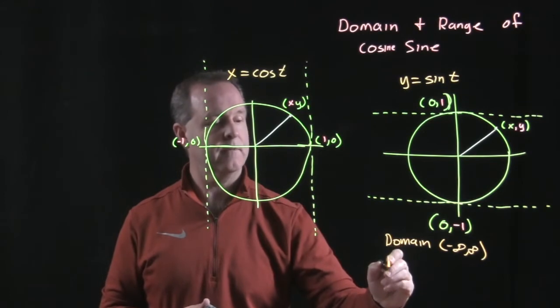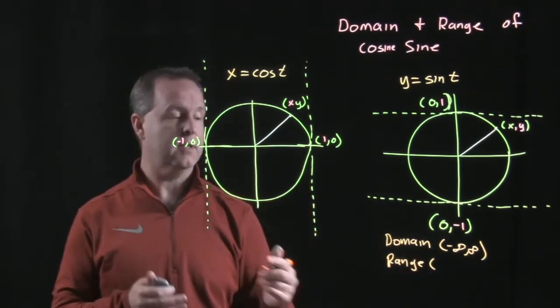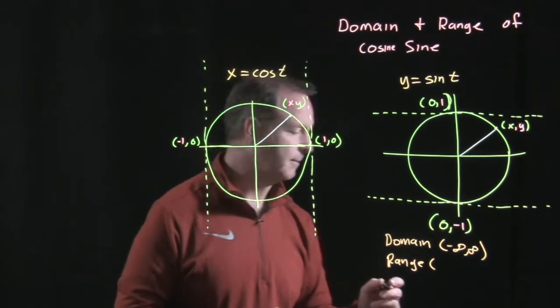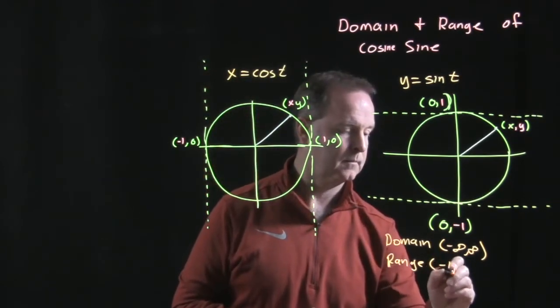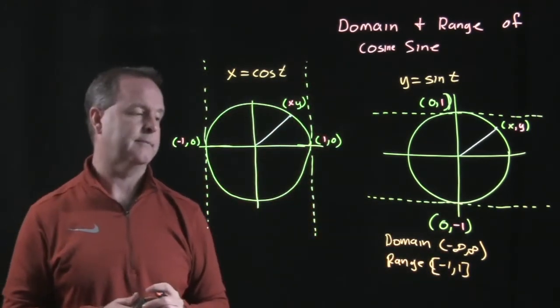But its range is always going to be restricted to the values of 1 to -1. I need to put hard brackets around that because those are inclusive.